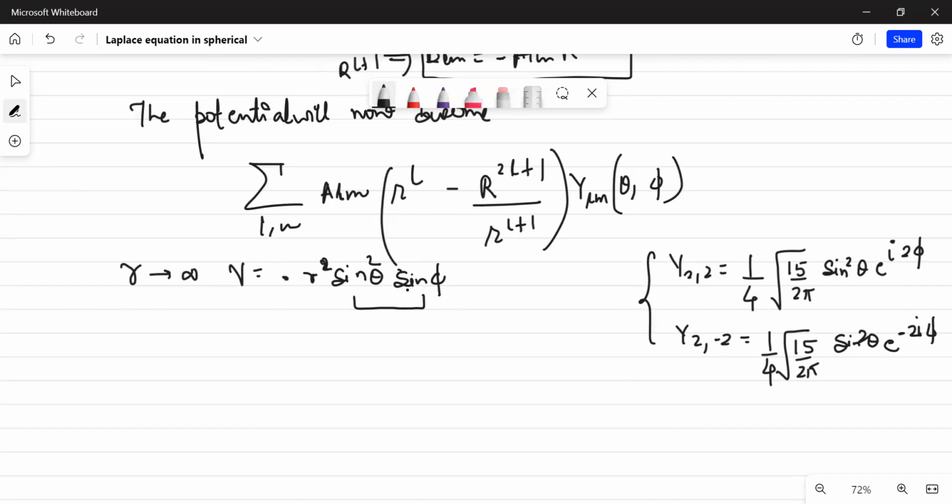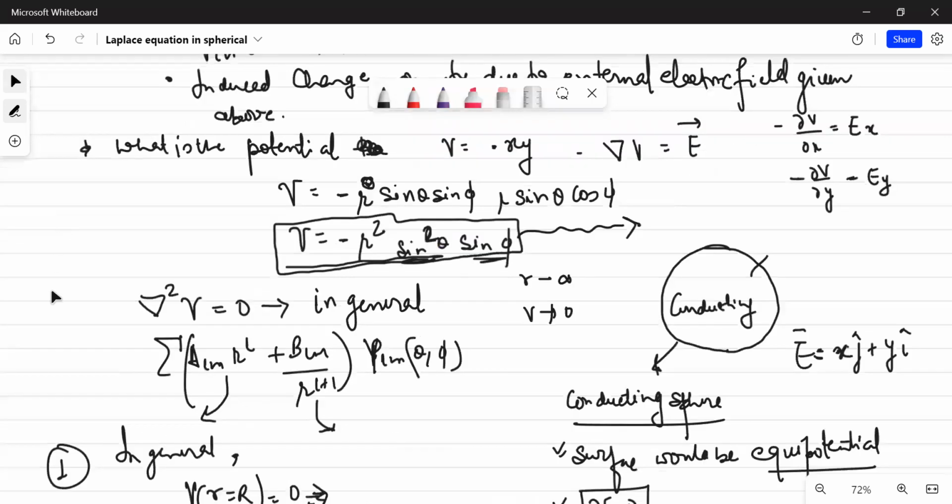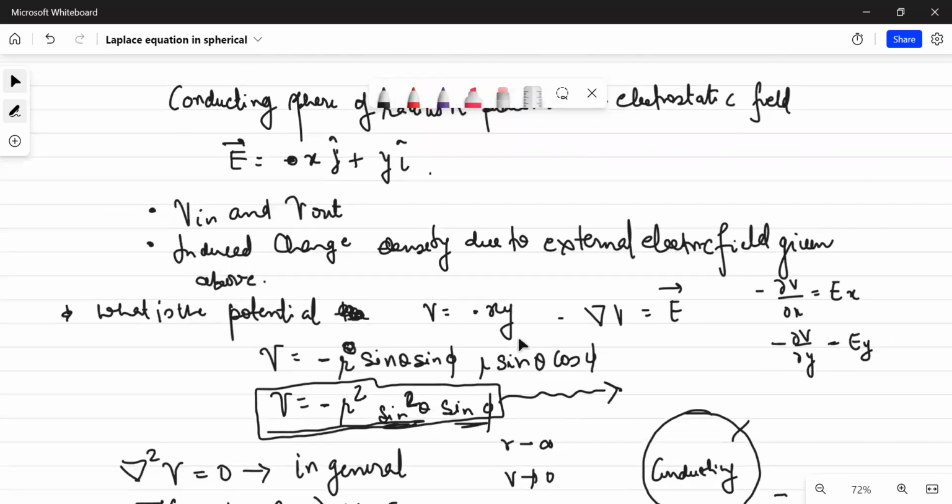So if I want to write this sine phi, I think there is some mistake somewhere. Let me check it. So potential was, okay, this is not only sine phi, this is cos phi as well.